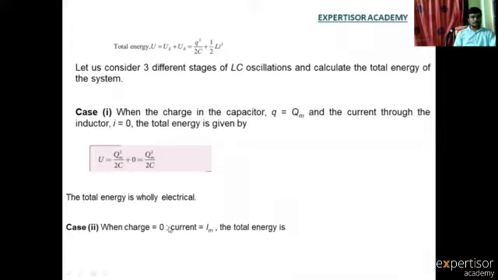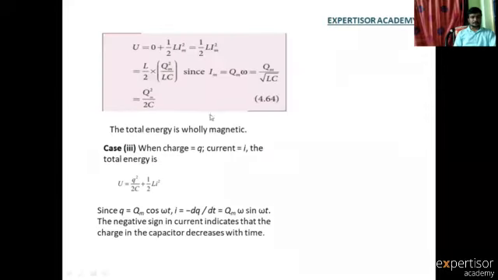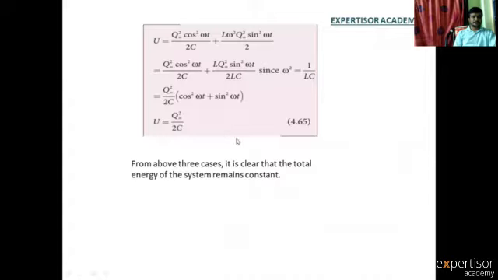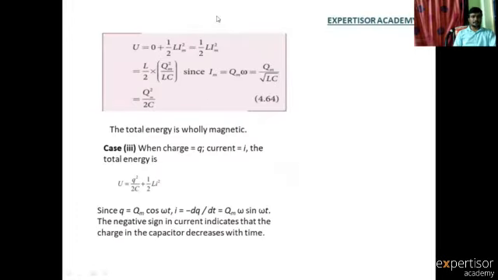When charge is equal to 0, current I is equal to Im. The total energy U is equal to half L i square. So here, the magnetic field at the inductor is generated, but the electric field in the capacitor is 0.